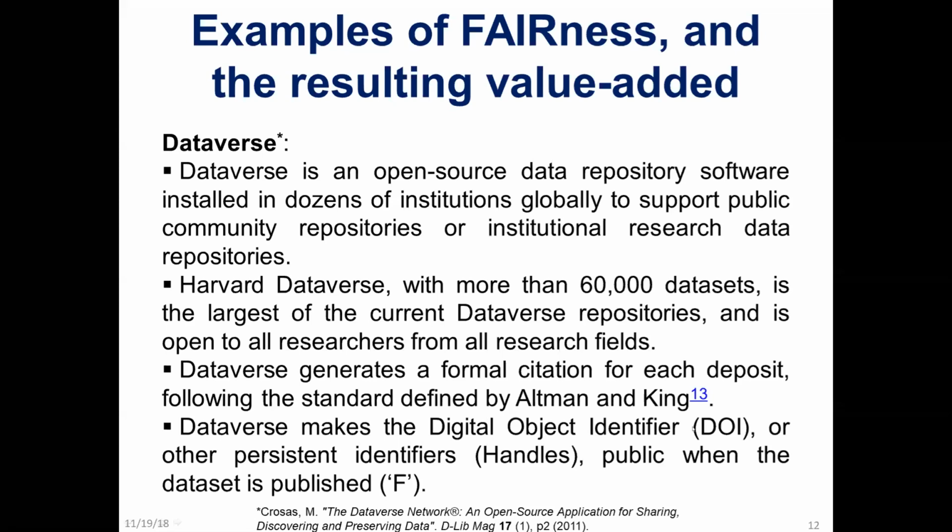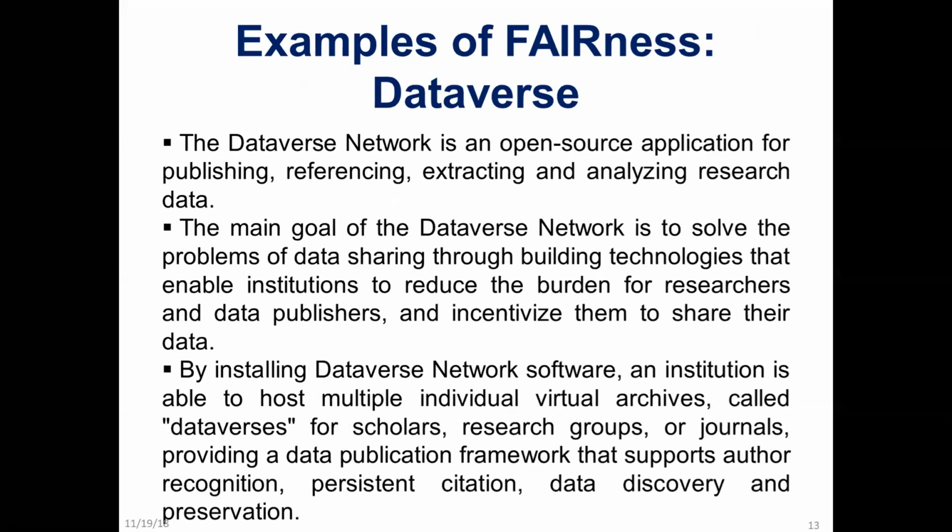You remember you can see it a lot in articles. If you have an article being published, they give it a digital object identifier. This is unique. Nobody will use it again. Or another persistent identifier, they call it a handle, public when the dataset is published. So this is the example here.